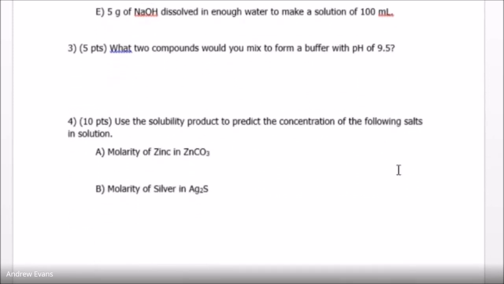Predict the molarity of zinc and zinc carbonate, and the amount of silver and silver sulfide. So once again, you had to look up the KSP values.